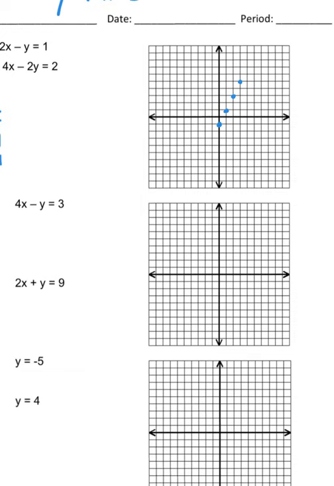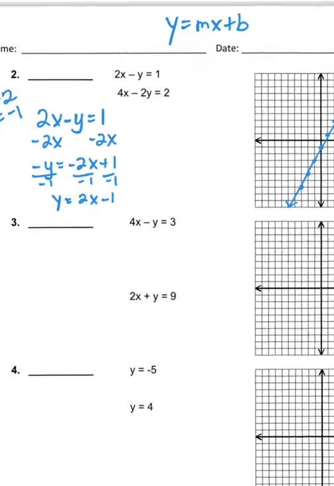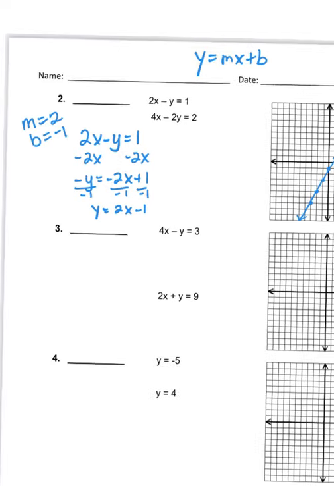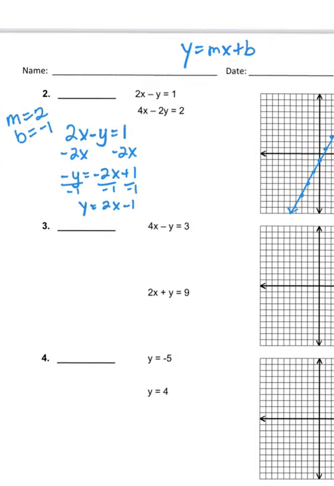I can also go down 2 over 1, down 2 over 1, down 2 over 1. I'm not the greatest drawer, but that's basically my line graphed out. That was the 2x minus y equals 1 line.